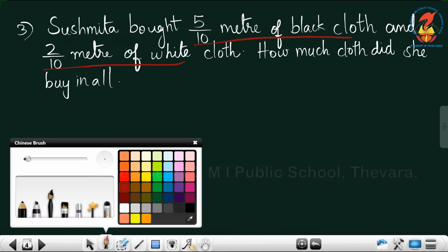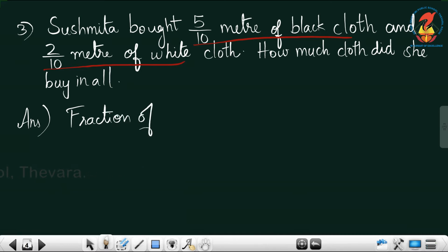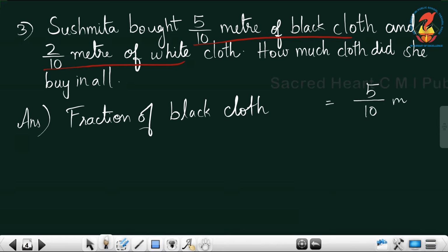So let's write the statement. Fraction of black cloth. It's 5 by 10 meters.